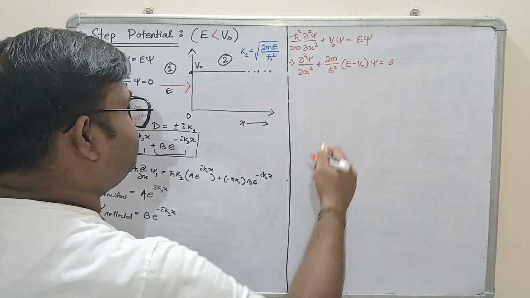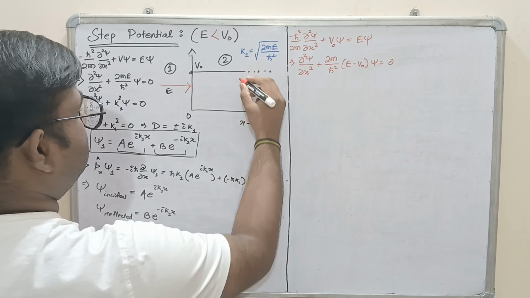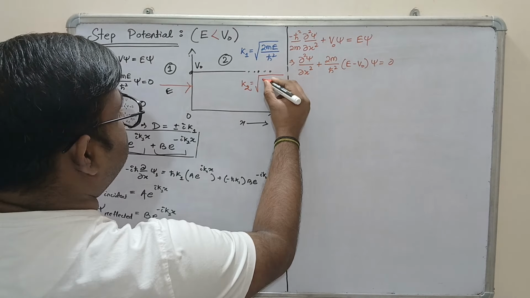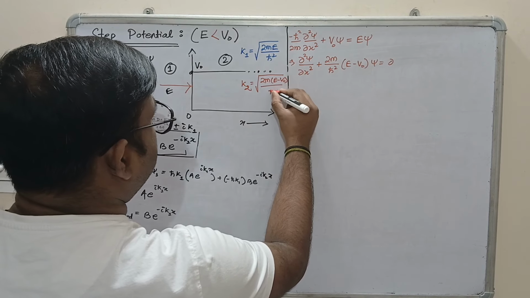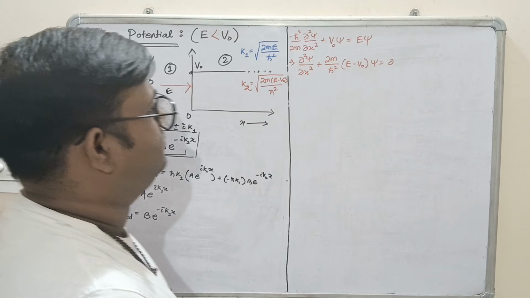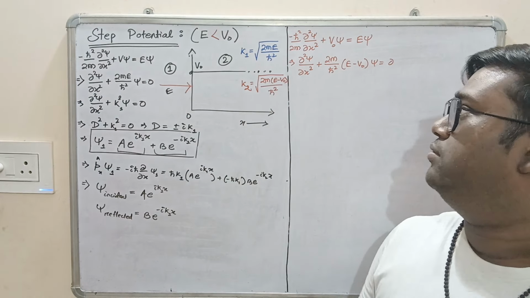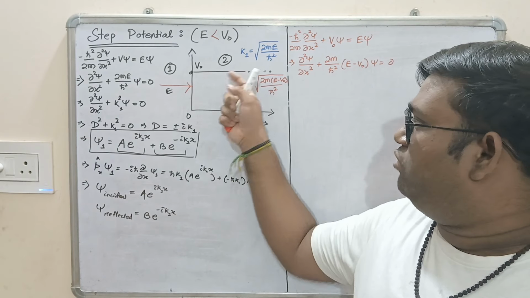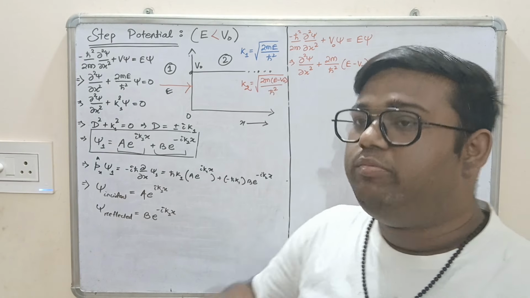Now look at this. Here we have a k1. k1 is root over 2mE by h bar square. In the first question, we used a thing called root over 2m (E minus V naught) by h bar square. Now can we use this function here? Think about it. You cannot, because if you use this, this has to come out as your propagation vector, and the propagation vector itself is coming out to be imaginary.